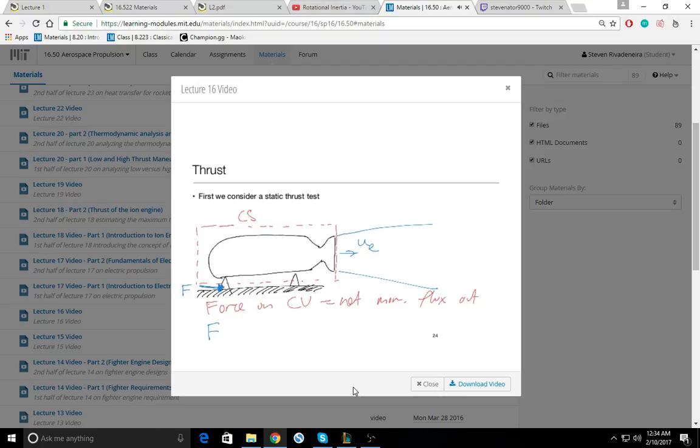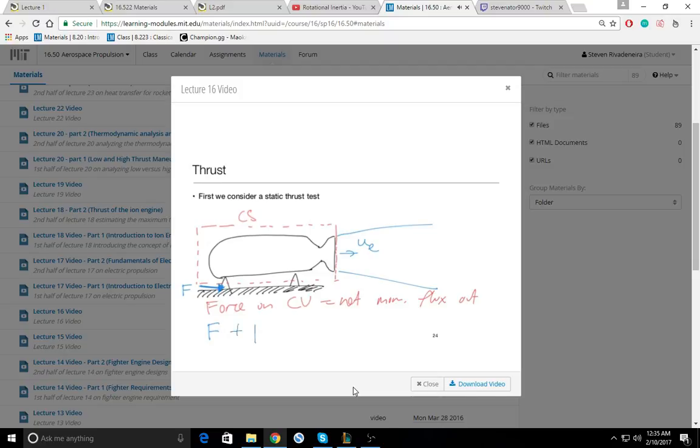So F, now what are the forces on the control volume? I'll say that F accounts for both this and this. Other forces? The pressure force. Where would that be? At the rightmost control surface, the exit plane here. Everything else is ambient static pressure, so that all cancels out. But here you have some exit pressure, which is probably higher than the ambient pressure.